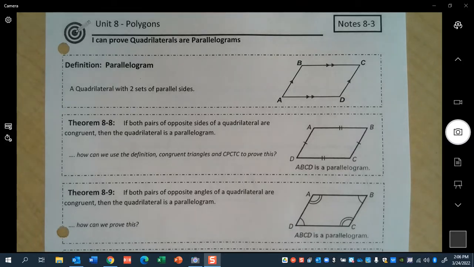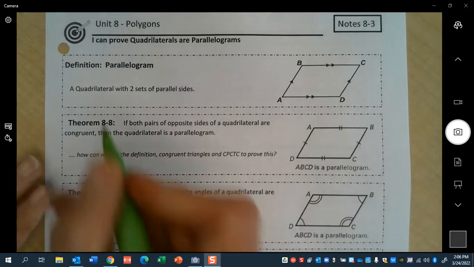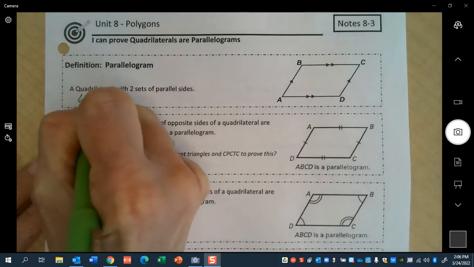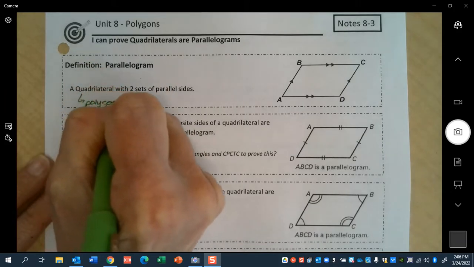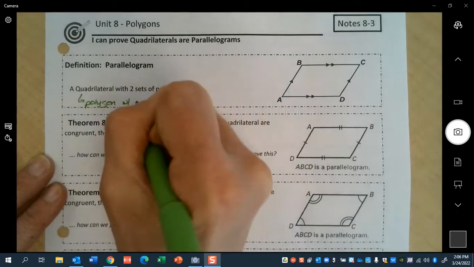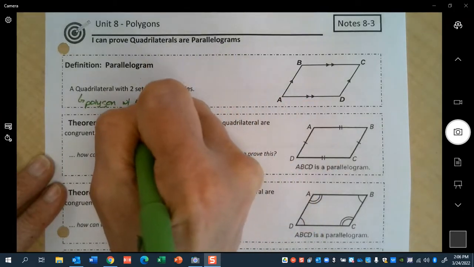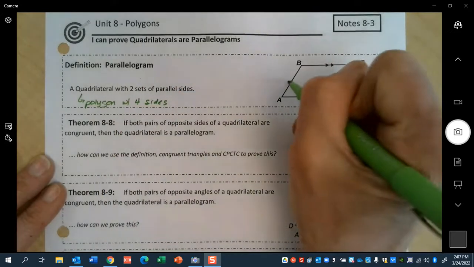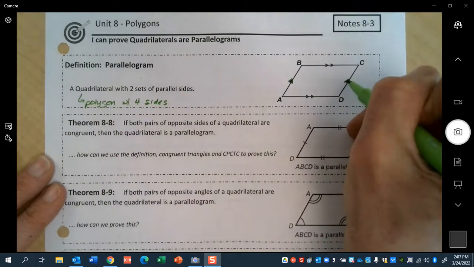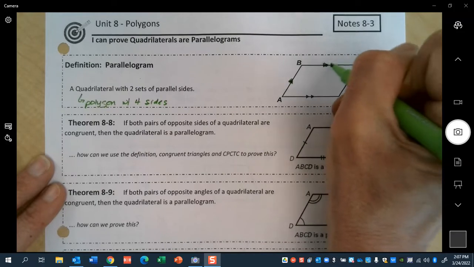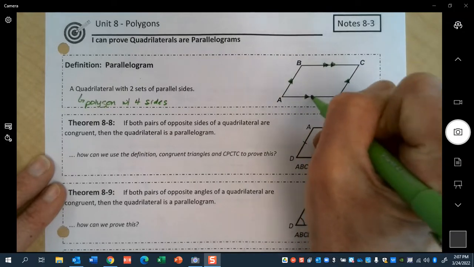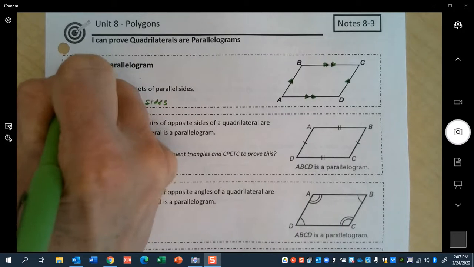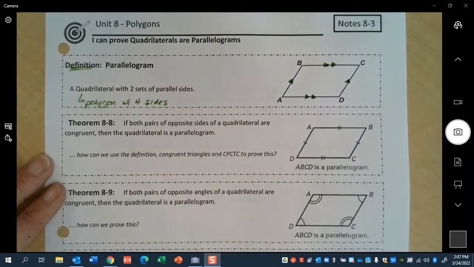So when we talk about the definition of a parallelogram, if you have a quadrilateral, and break this down, your quadrilateral is going to be your polygon with 4 sides. If each of those opposite sides is parallel, then you're going to have, by definition, what we call a parallelogram.